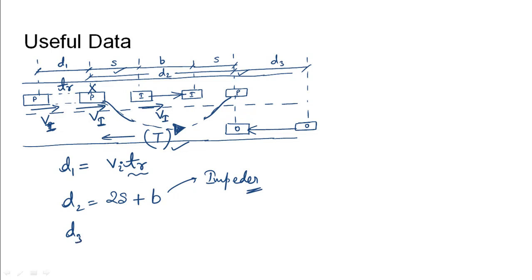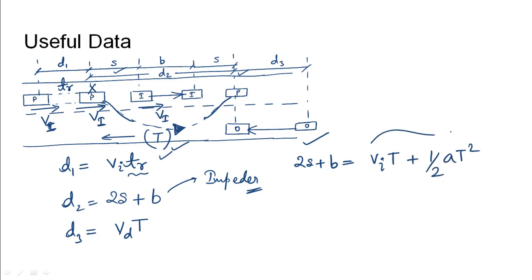And while this happens, since it is a two-lane two-way highway, we also need to mind the opposing vehicle. It would have traveled by the design speed into the capital T time that has taken for the maneuver. So if we compare d2, that is 2S plus b, it should be the same as the initial speed of overtaking for the passer, that is Vi, into the T time plus half of A T square.